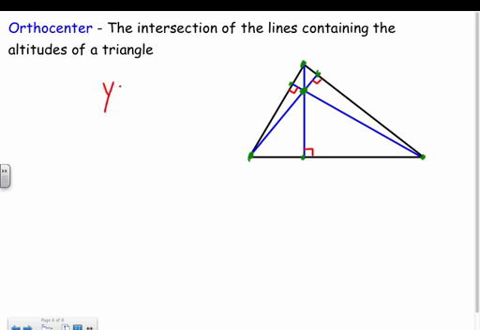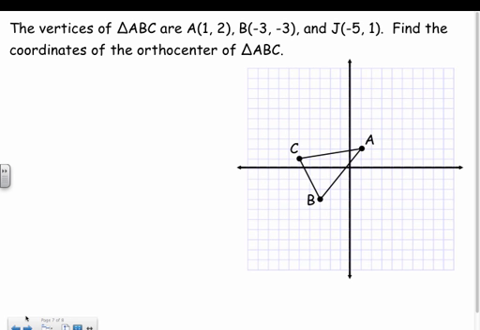We needed two equations in slope-intercept form that we could set equal to each other when we made our system of equations, didn't we? So as long as I know two lines, I can find the intersection of those two lines. So really, I don't need to find all three altitudes in this case. I only need two of them. So pick any two you want to use.